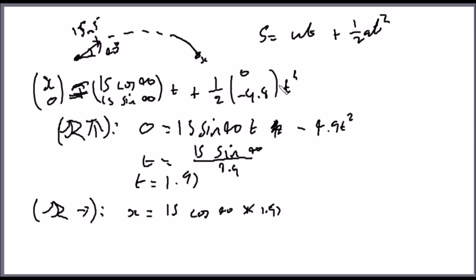This is due to the fact that there is no horizontal component of acceleration. So let's calculate this. x equals 22.6 meters to 3 significant figures. Always include your units there.